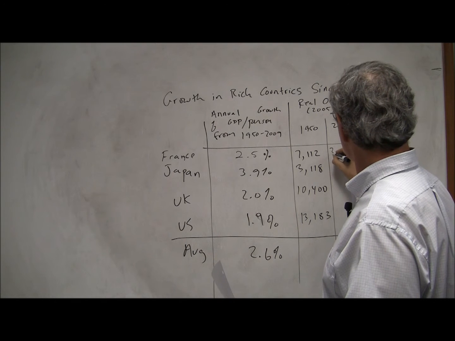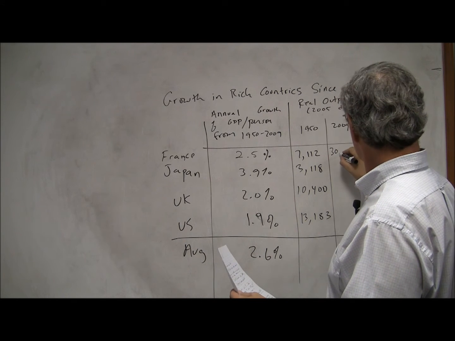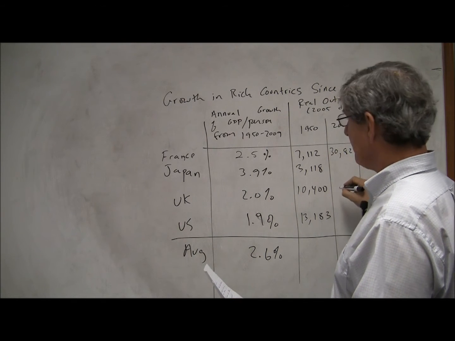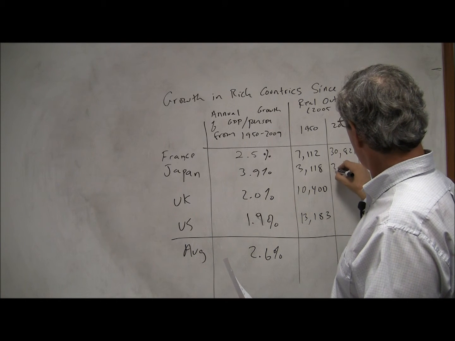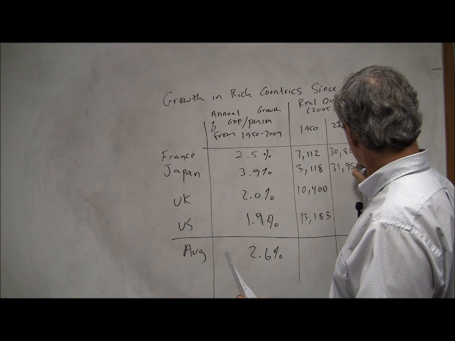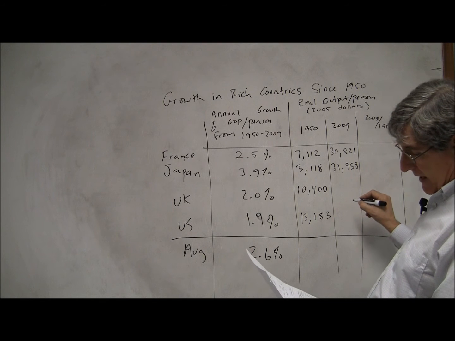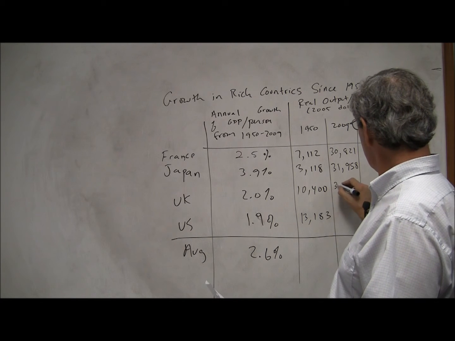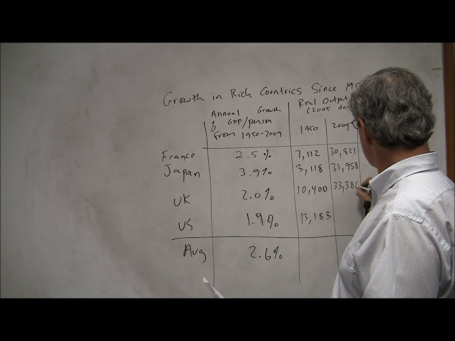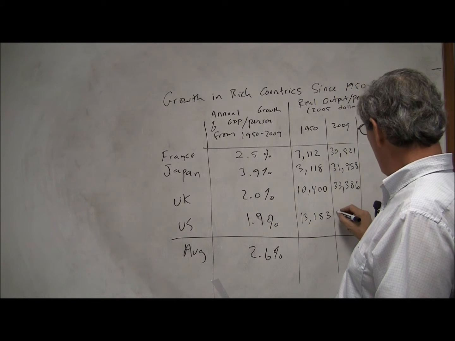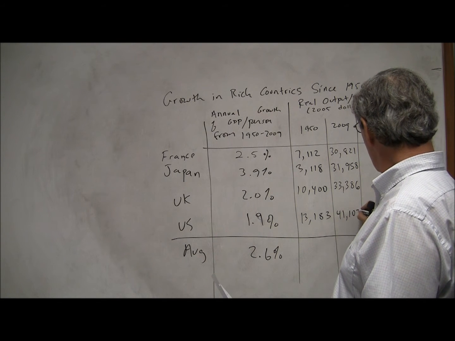In France, it's 30,821. For Japan, it's 31,958. For the UK, this is all in your book, it's 33,386. The US was 41,102.